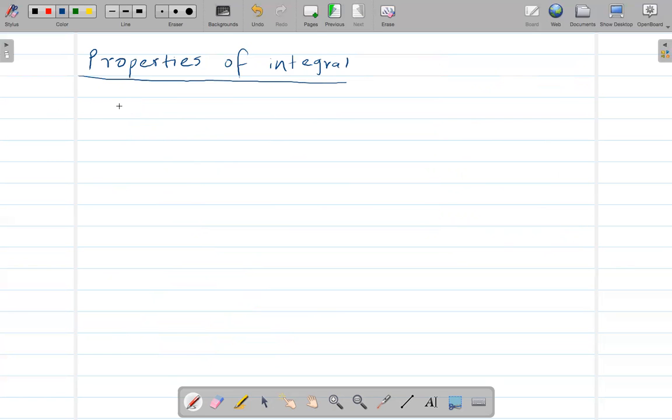So let's say you're taking the integral of c times f of x, where c is a constant. That means c can be any number. In this case, if you're taking the integration, I need to write d of x here because I'm taking the integration in terms of x.